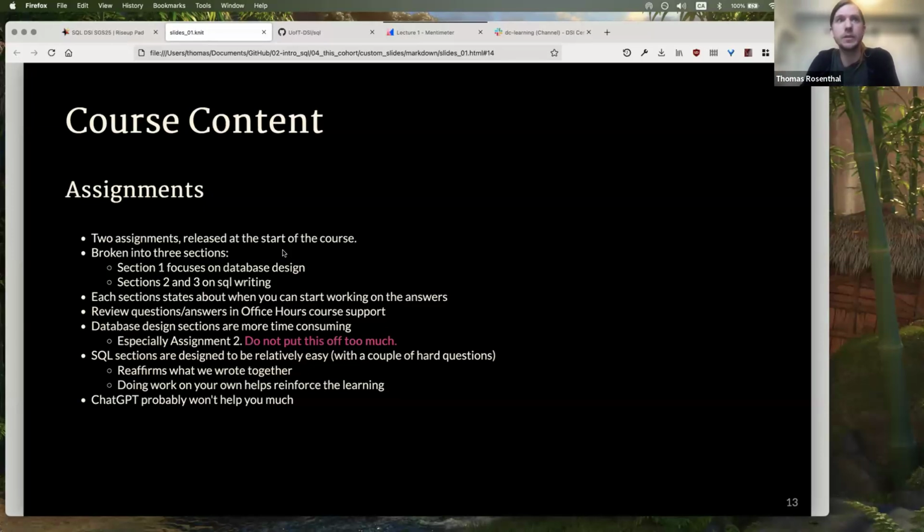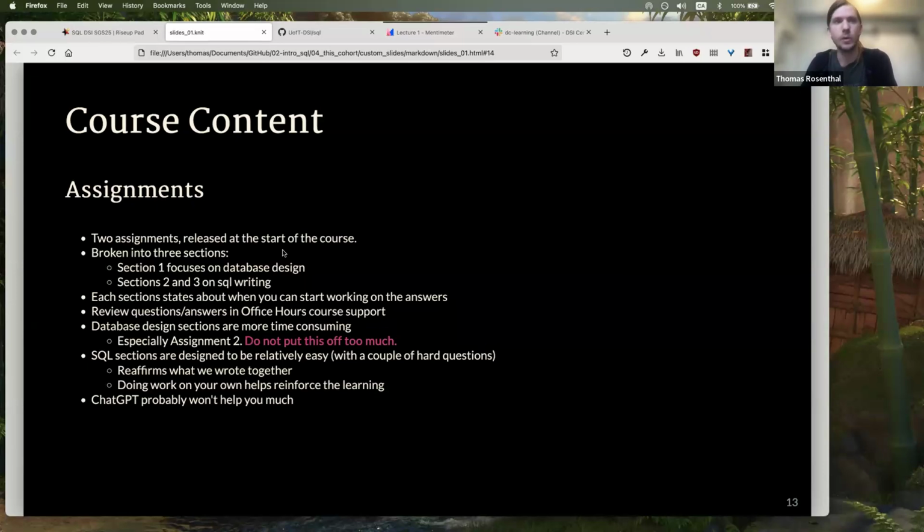Each section states when you can start working on the answers. As I said, if you have questions, come to the office hours with the course support. The database design sections are a little bit more time consuming, especially for assignment 2. I just put here in bold, do not put this off too much. It takes a little bit of time to think about and figure it out. The SQL sections themselves, where you write the code, are designed to be relatively easy.